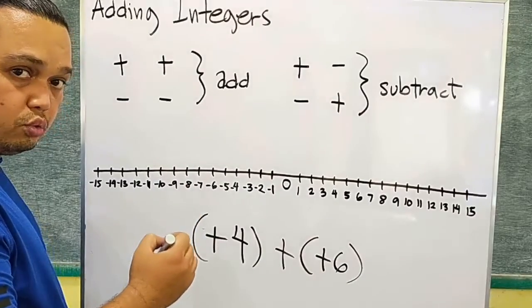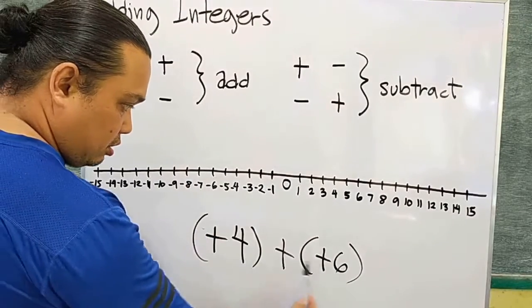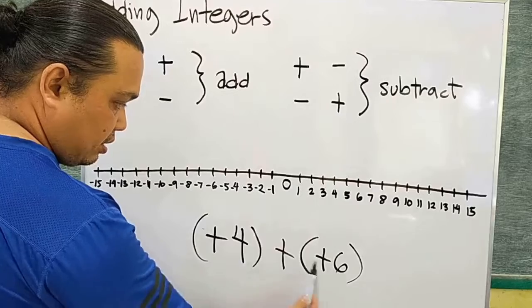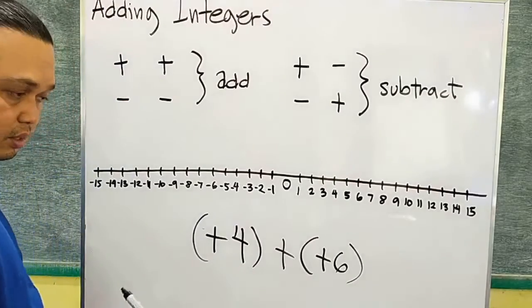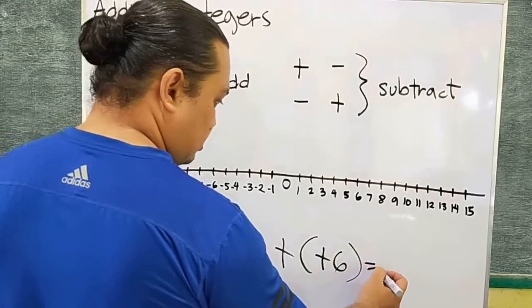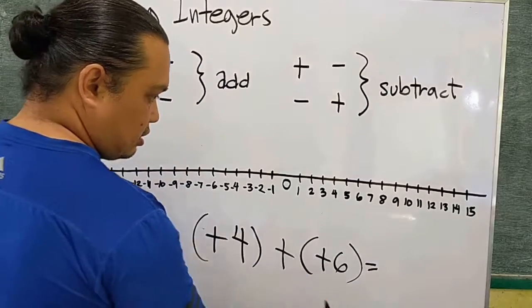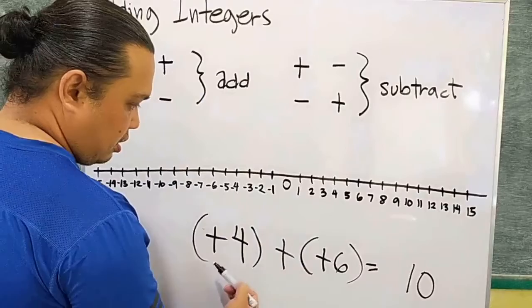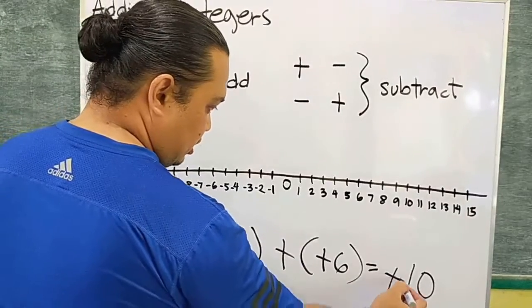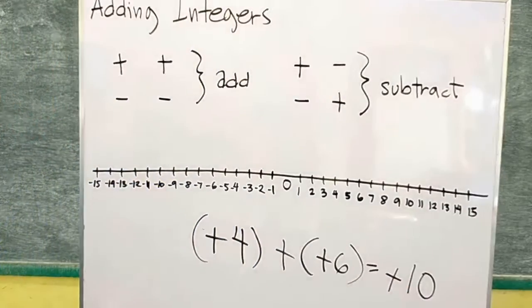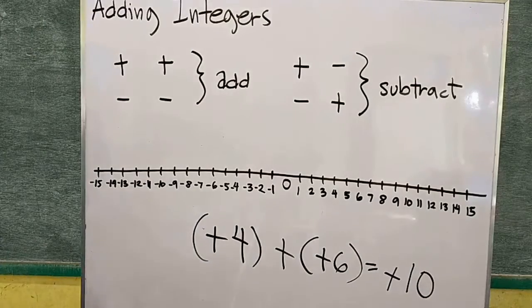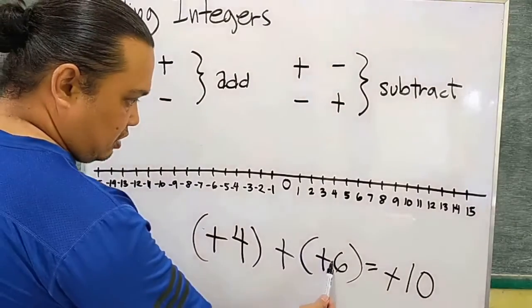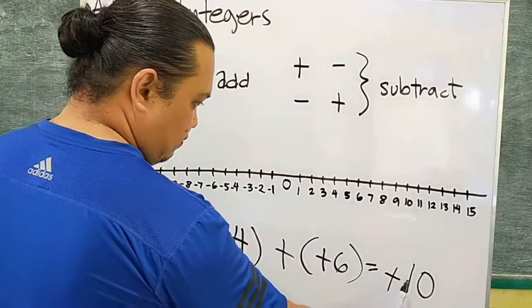All we need to do is add the numbers and copy the sign. 4 plus 6 is 10, and their symbol is both positive. So the answer is positive 10. Positive 4 plus positive 6 is equal to positive 10.